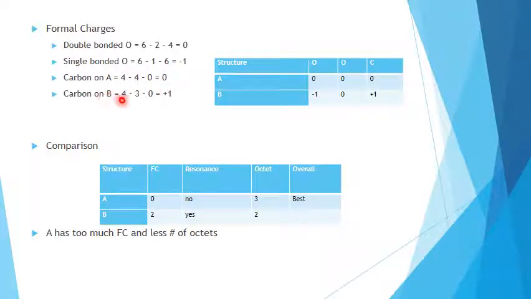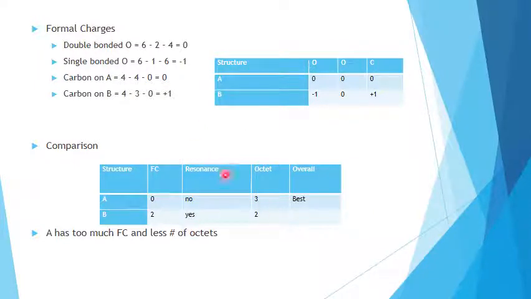And the carbon on B has only 3 bonds, a double bond and a single bond, so it'd be 4 minus 3, or formal charge of plus. So if we put that all together, structure A has the oxygens 0, 0, 0, and the B structure has a -1 and a +1 on the carbons.